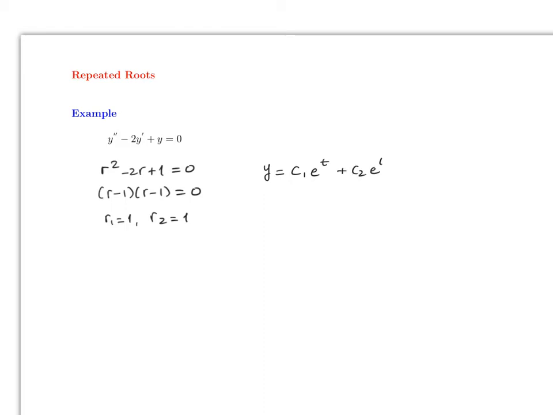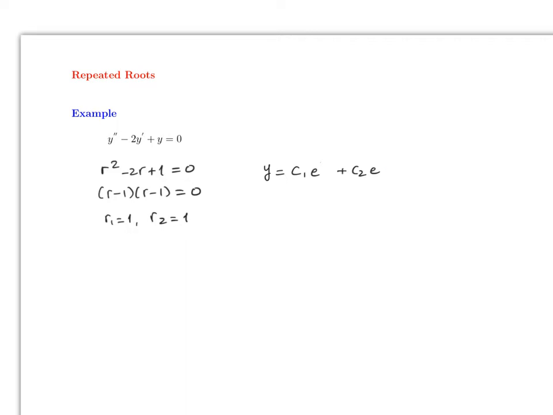Because if this was the case, then you can combine these two, and C1 and C2 are constants, so you will only have one constant. So instead, when this happens, you're going to multiply the second part by t or x. Okay, actually let me change this to x.